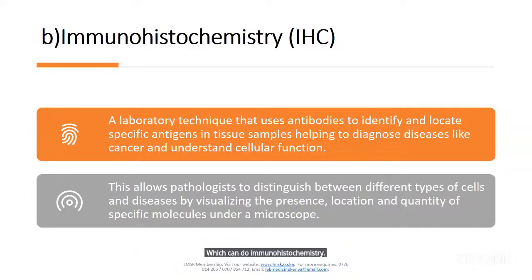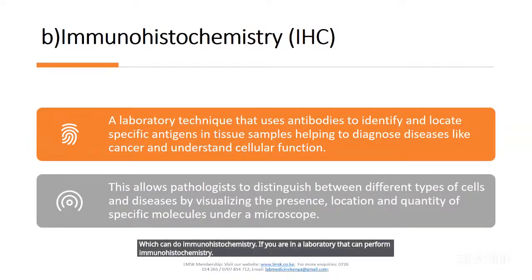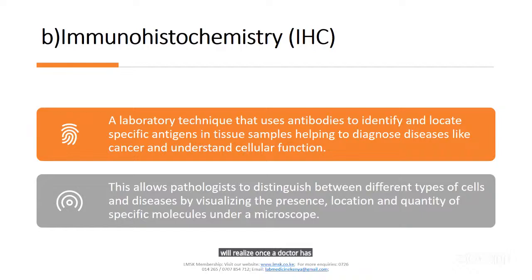If you are in a laboratory that can perform immunohistochemistry, you'll realize that once a doctor has identified that this particular case is malignant, they'll request IHC markers before they release the report. Those IHC markers will take another 2-3 days to be out. So that will also affect the TAT.